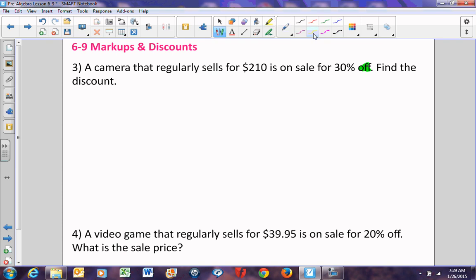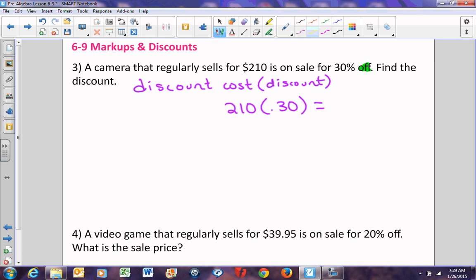To find the discount, I'm not going to find my selling price, I'm going to find my discount. My discount is the cost times the discount, which in this case is $210 times 30% off.